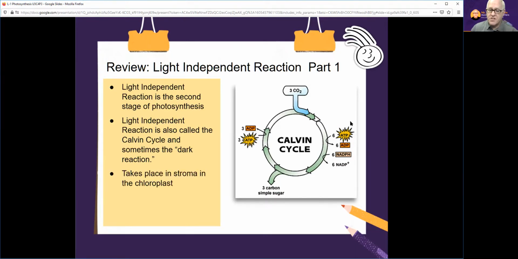It takes place in the stroma in the chloroplast, and it uses the ATP and the NADPH from the light reaction to power the conversion of the carbon dioxide gas to sugar. And this cycle goes around 6 times, picking up 1 carbon each time. And then the 3 carbon sugars combine to make the 6 carbon sugar.